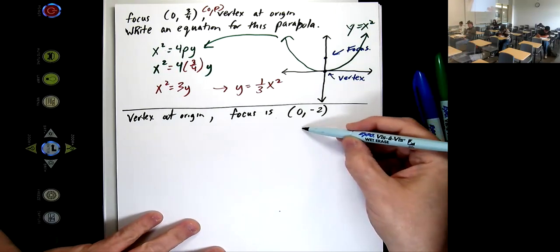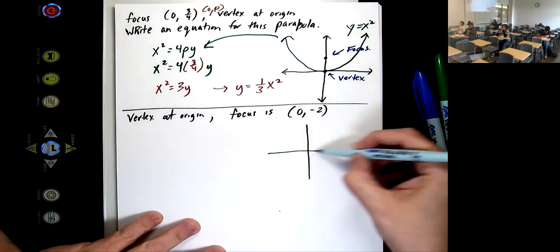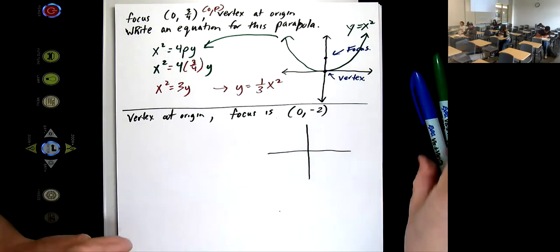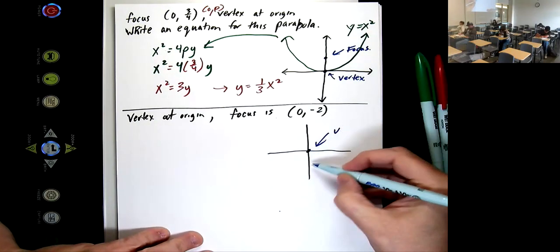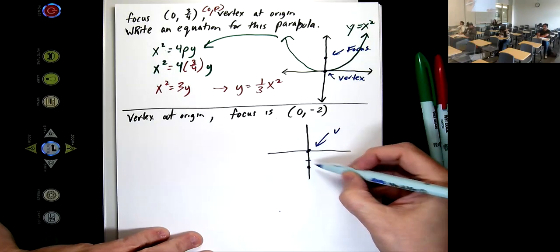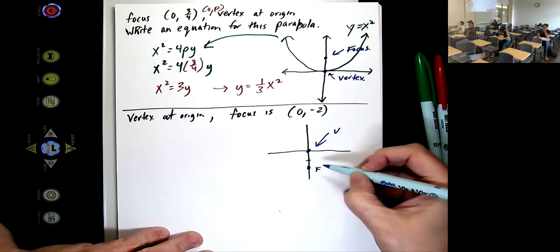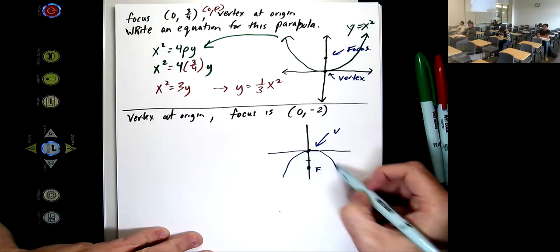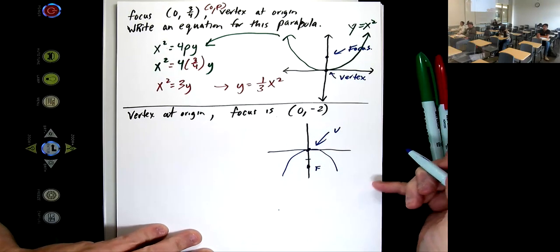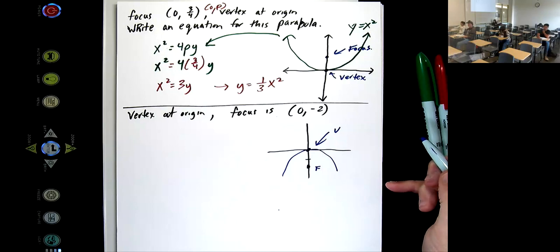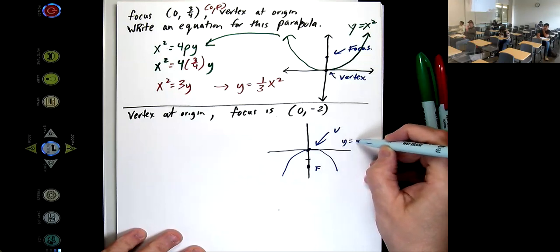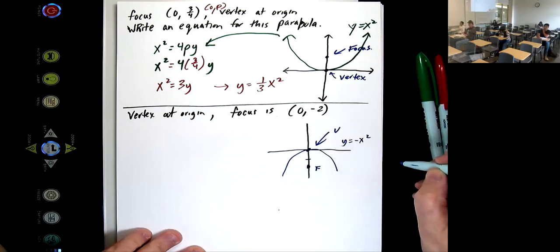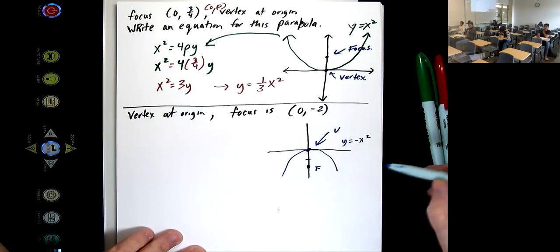Okay, so if I graph this, I can see my vertex is at the origin. And my focus is below the origin, which means it's opening downward. And if I were just to describe this, I would say this is in the form y equals negative x squared, but it's probably not exactly that, it's something different.